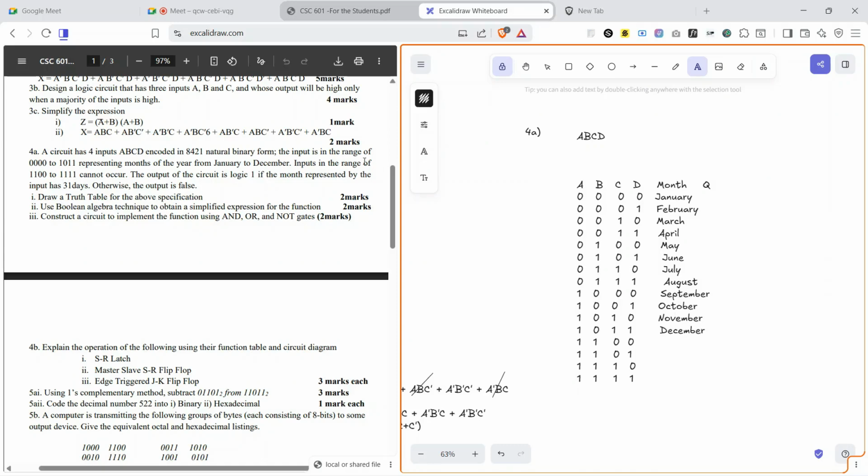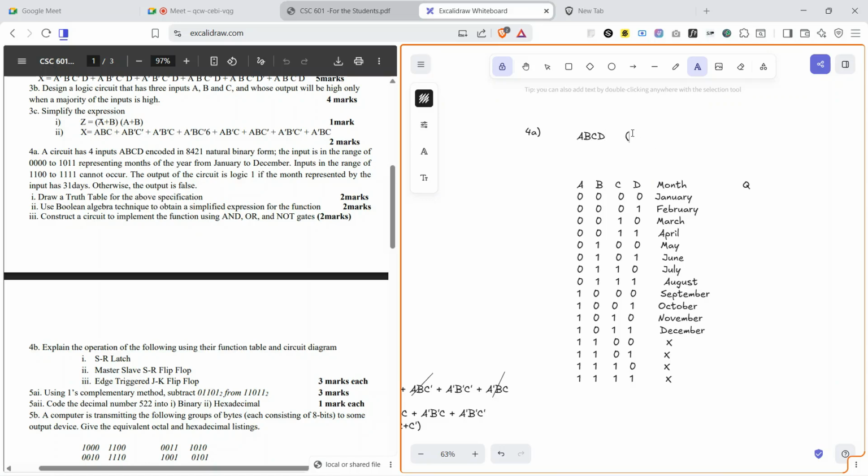And remember that we were told that inputs in the range of 1100 to 1111 cannot occur. It means all of this would not occur. That is, they are invalid, invalid, invalid, invalid.